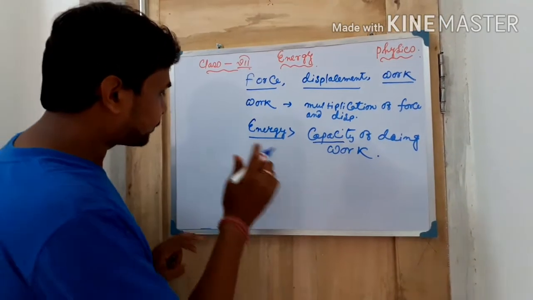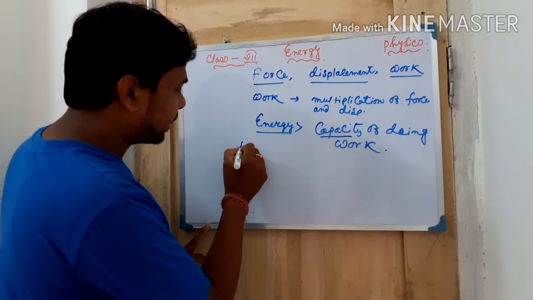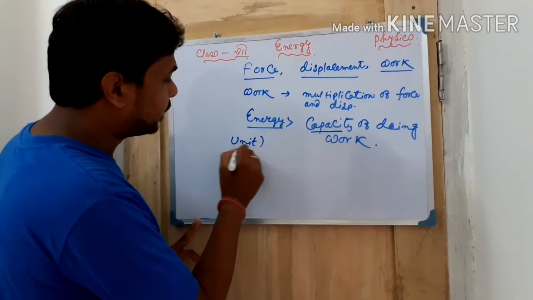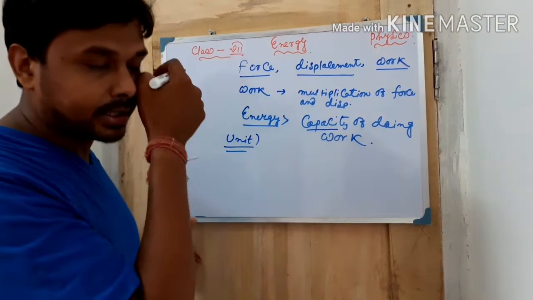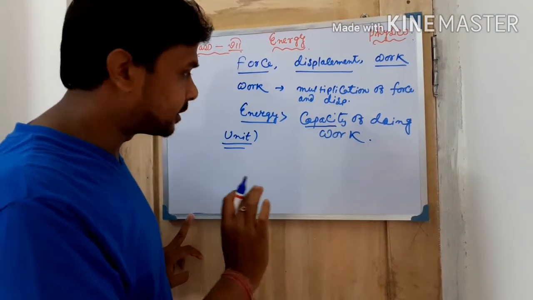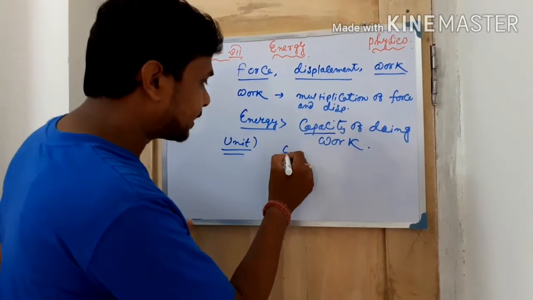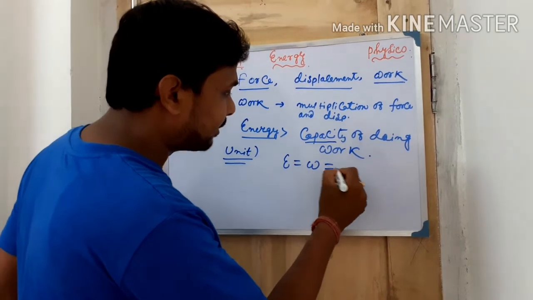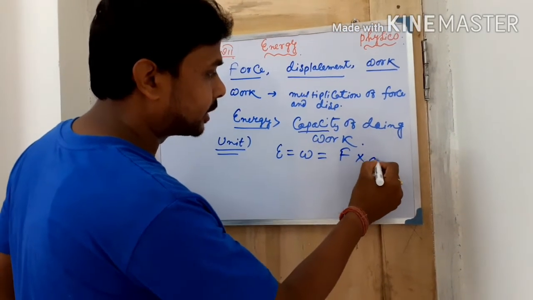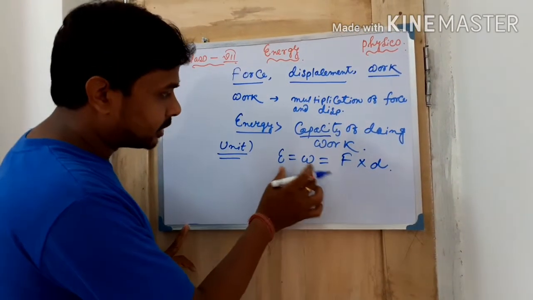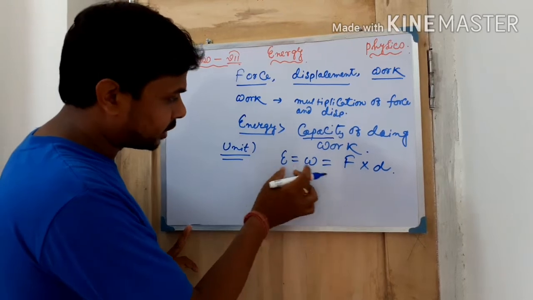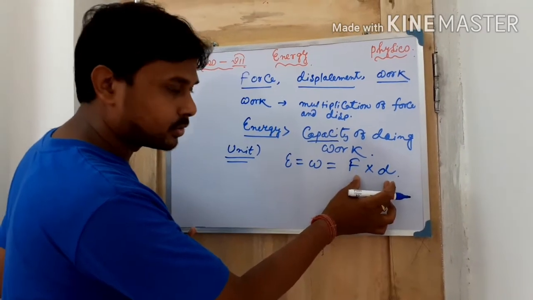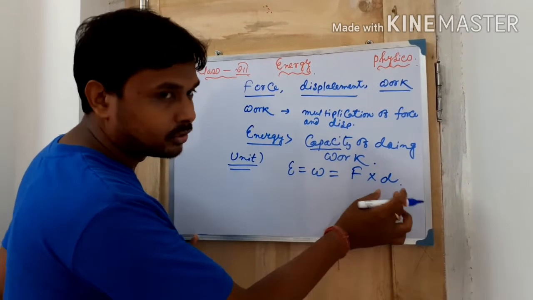Next, a very important thing, the units. Two unit systems are there, CGS and SI system, for energy or work. In mathematical form, both are F into D, because these two terms are related to each other. Energy is defined like this, and work is also force into displacement.